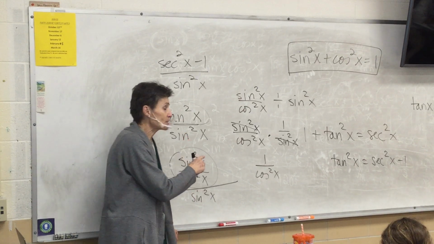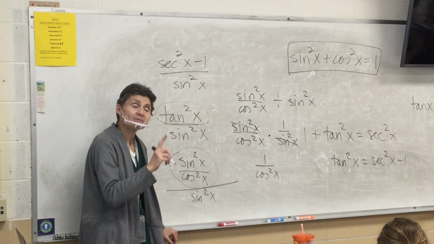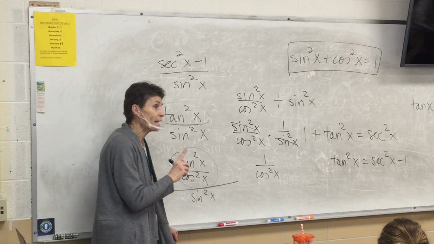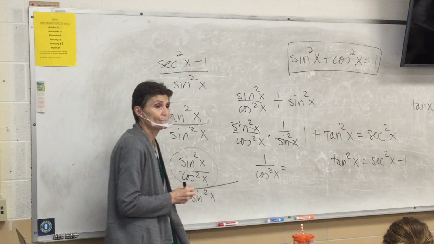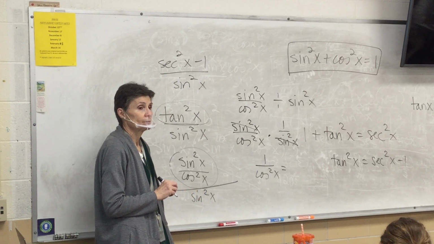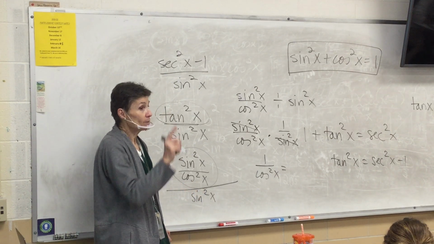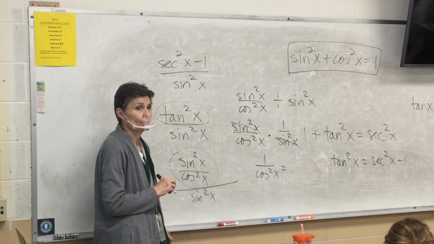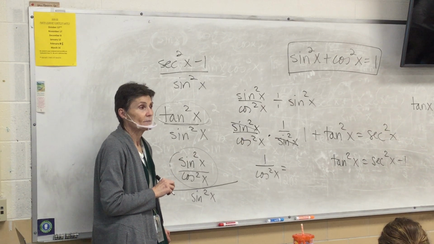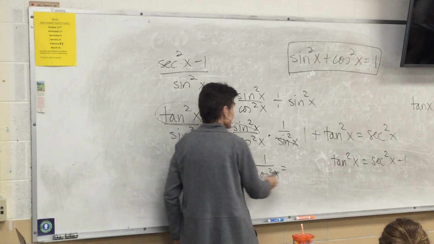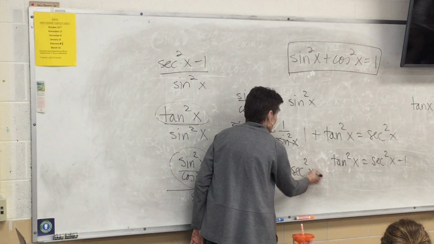Which is absolutely perfect, but I might even give you a bonus point if you recognize what 1 over cosine is. What's the reciprocal of the cosine? Secant. So this is the same as secant squared.